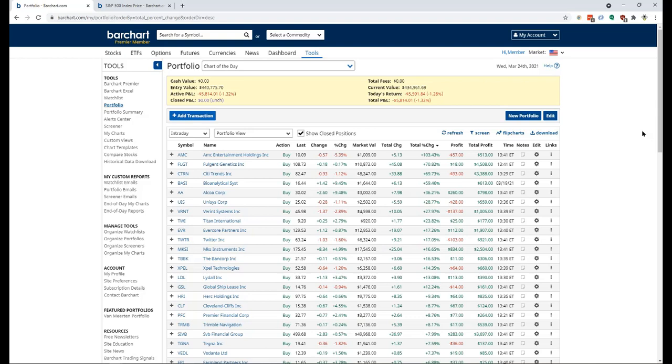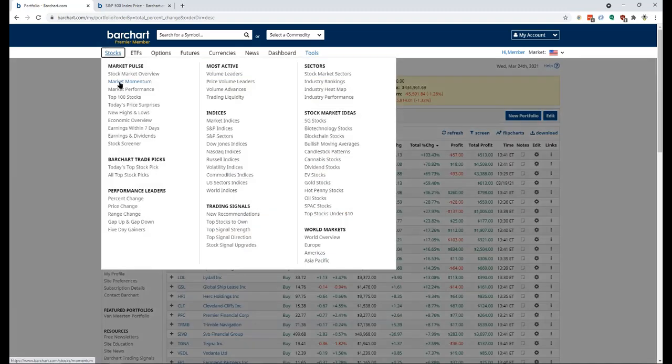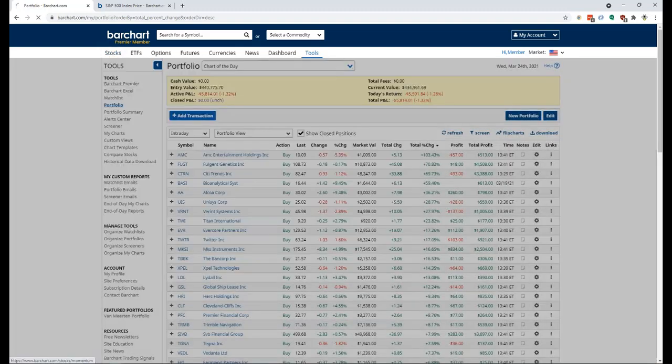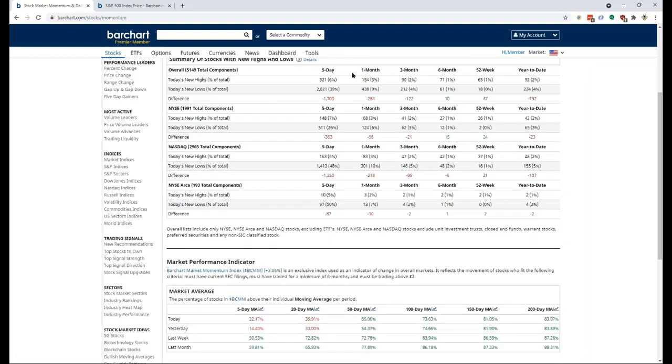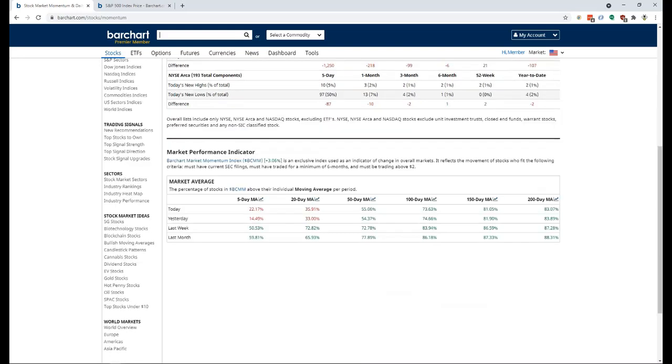Now, another tool that you can use instead of the Value Line index is, let's click on the stock momentum up in the left-hand corner. Yes, I do want you to talk a little bit about this. This is a similar thing to it, except instead of using the 1,700 stocks, today it's using 5,100 stocks.